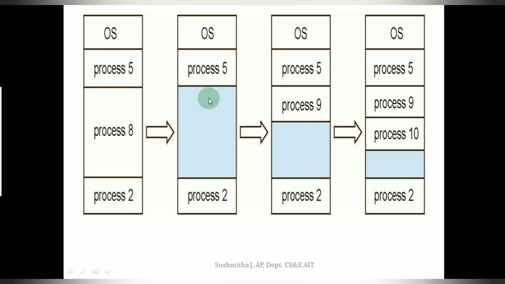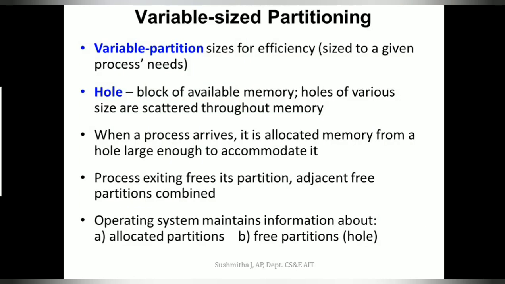It finds this one large hole that is available, but process 9 shall be allocated only as much memory as it needs. Again we have another process, process 10, that arrives, and again process 10 shall be allocated as much memory as it needs. So this is how variable sized partition happens.